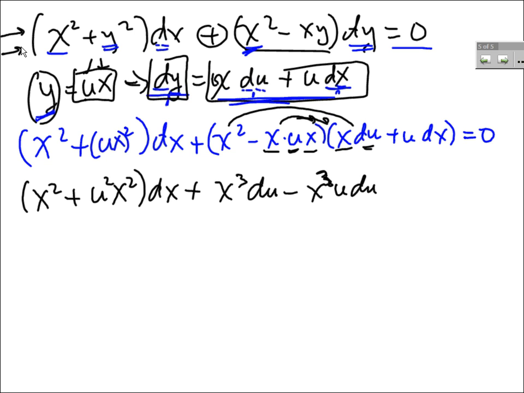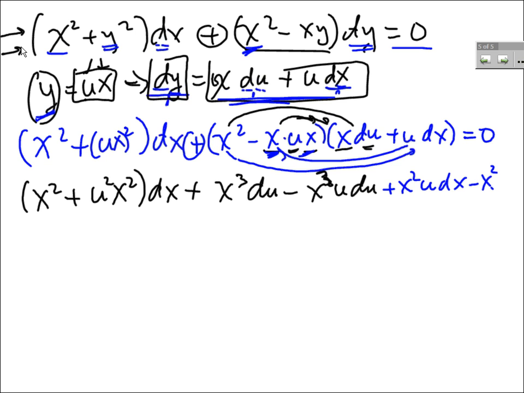And now, plus x squared u dx, and then minus, well, x times x is x squared. This u here times that u will be u squared times dx, and sorry I ran out of room, but it equals 0.